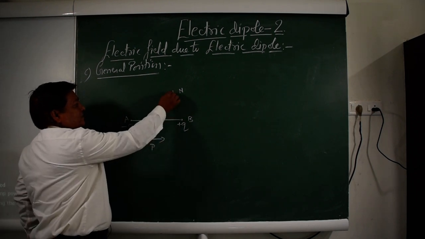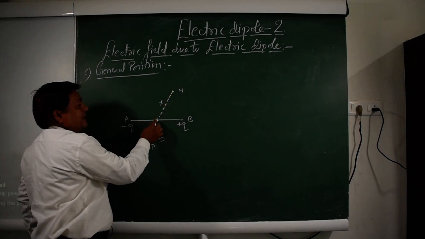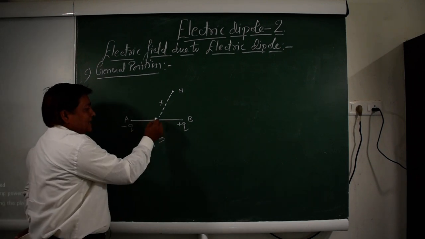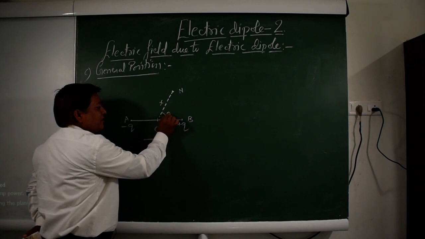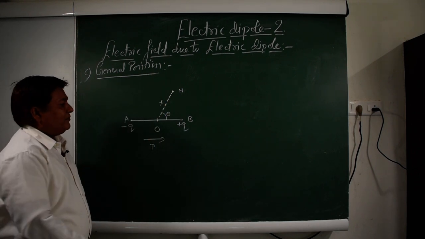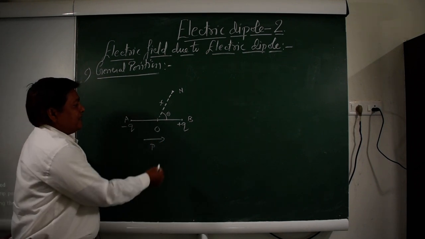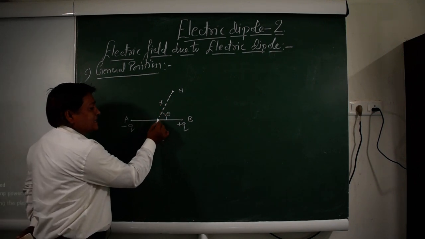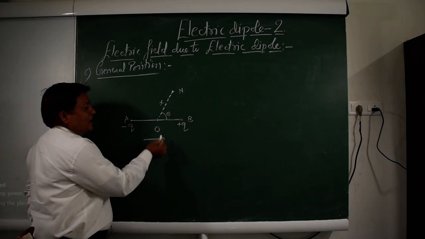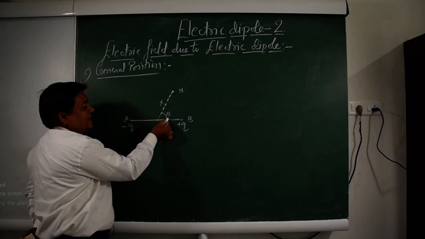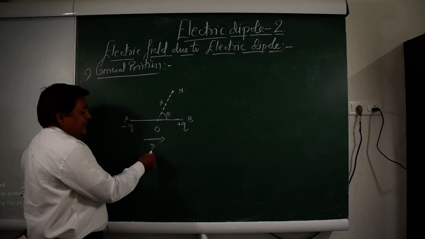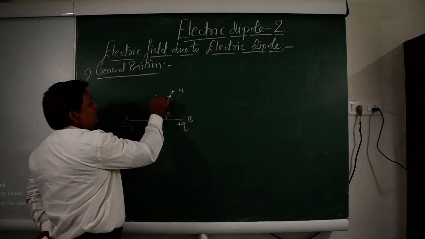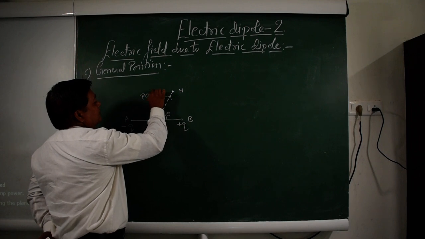Two conditions we may see: the point N we have taken in space is at x distance from the electric dipole, and it is making an angle theta with the direction of the dipole moment. So we suppose this is P, the dipole moment, and this line is making angle theta with the dipole moment P. If we resolve this P into two components, one of its components in this direction will be P cos theta.